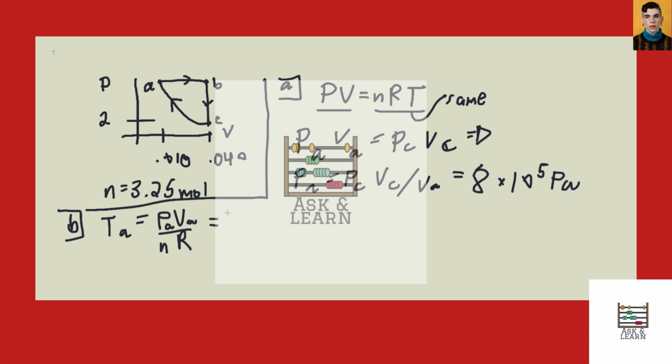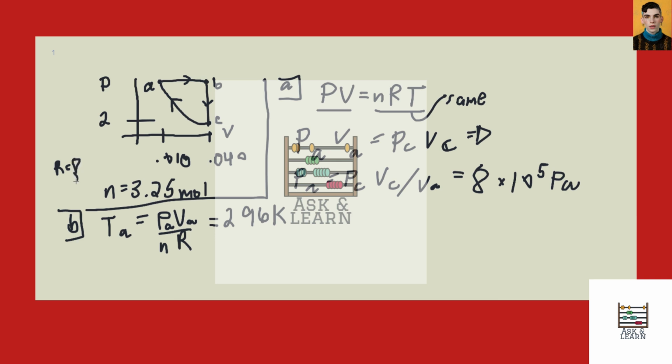If you plug in all your numbers, you get 296 Kelvin. Our PA is the 8, VA is 0.01, N is 3.25, and R is 8.315 joules per mole Kelvin.